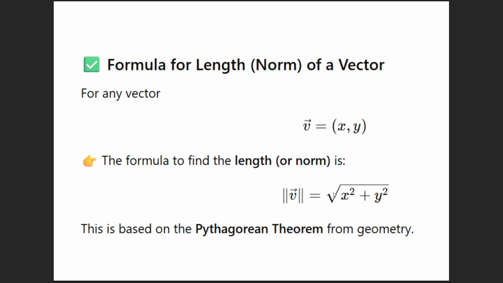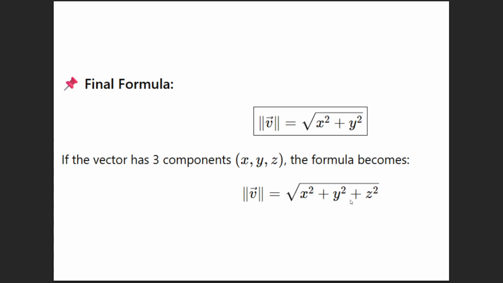So see here how the length is calculated. If v is a vector (x, y), these are the values, 3 comma 4 or something else, and they are applied to the formula. If the vector has three components, then the formula will be the square root of x squared plus y squared plus z squared.